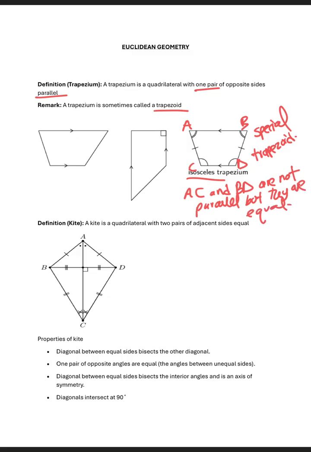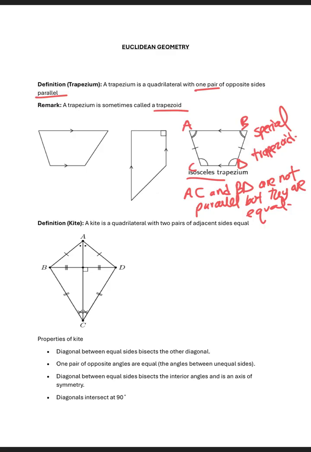So an isosceles trapezium is a trapezium where the pair of non-parallel sides are equal. In this case, those sides are AC and BD. So AC and BD are the sides that are not parallel and they are equal.